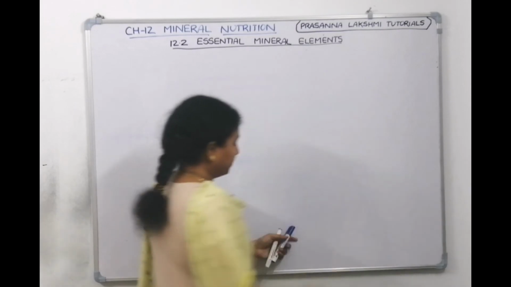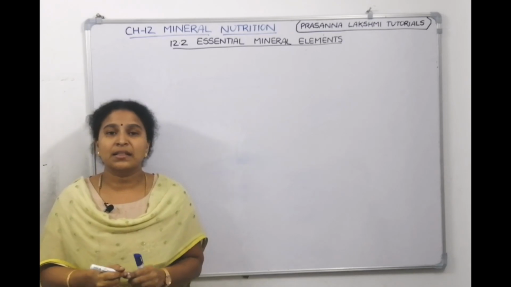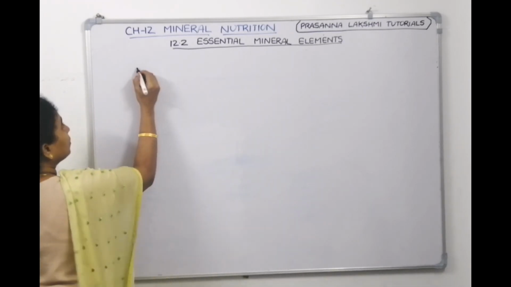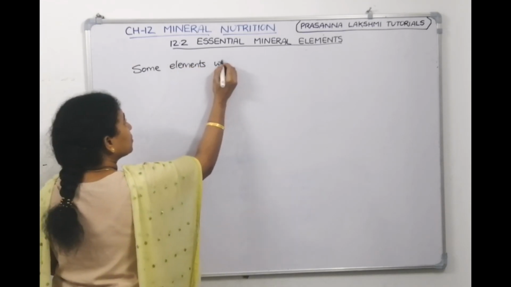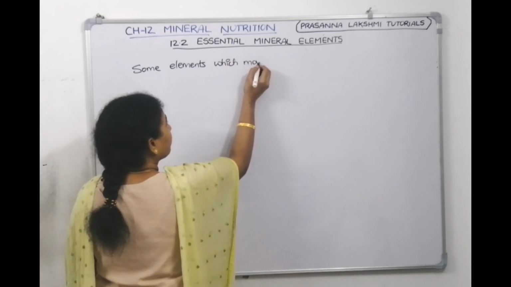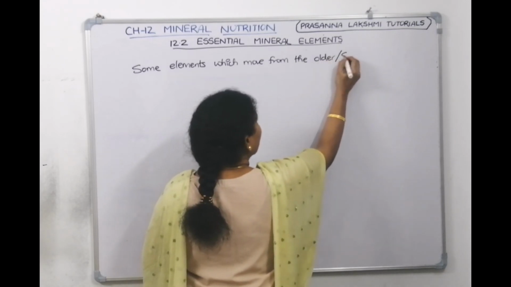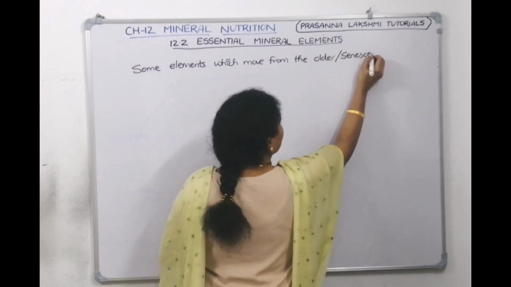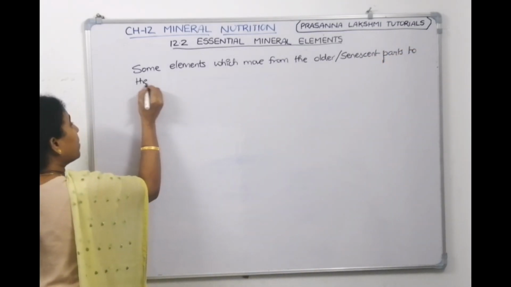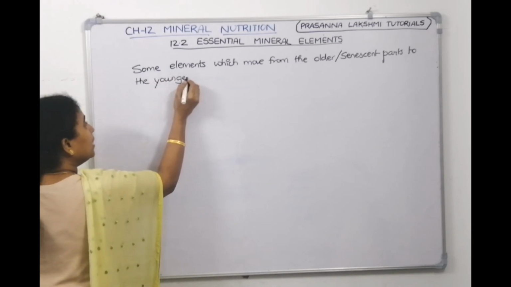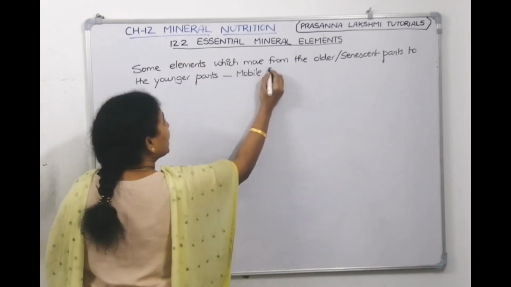Right? Now, some elements move from the senescent parts to the younger parts, then they are called mobile elements. Some elements which move from the older, means senescent parts, to the younger parts are called mobile elements.